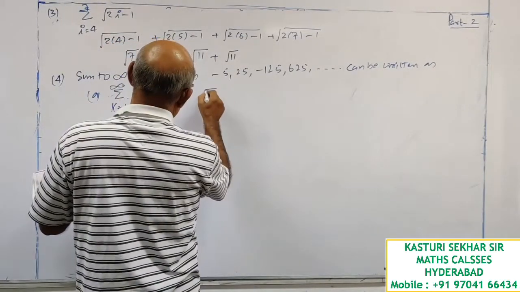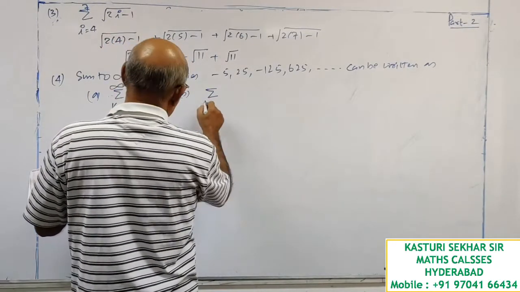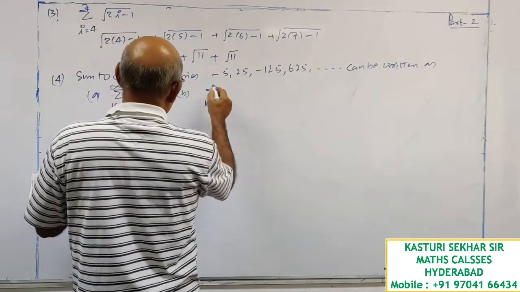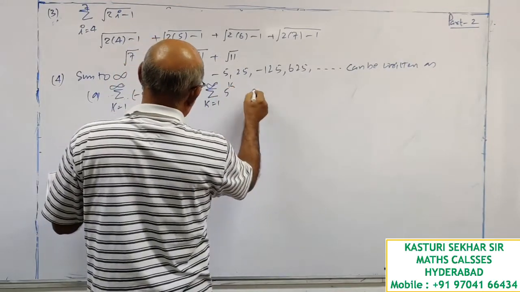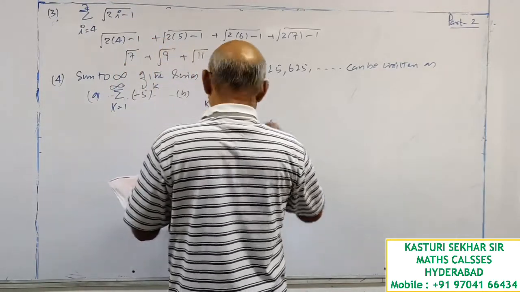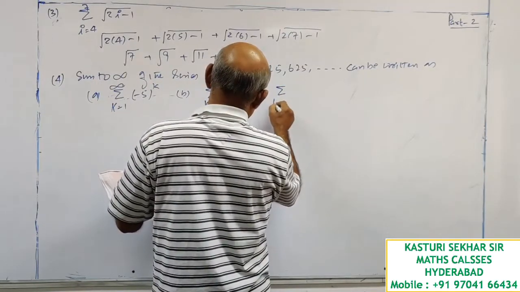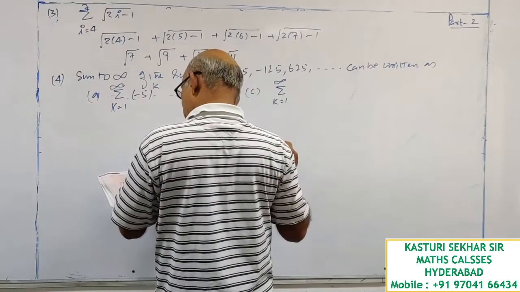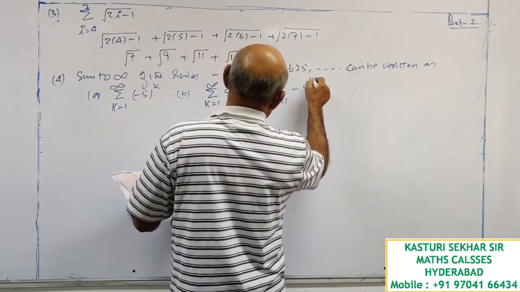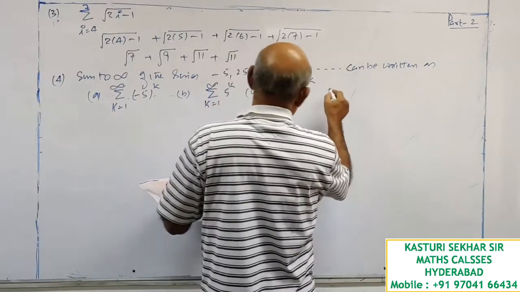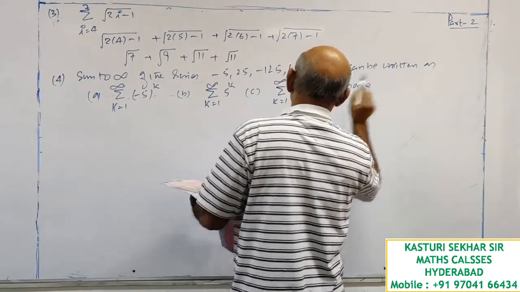Option B, summation of k is equal to 1 to infinity 5 power k. Option C, summation of k is equal to 1 to infinity minus 5 power k. Option D, none of this.